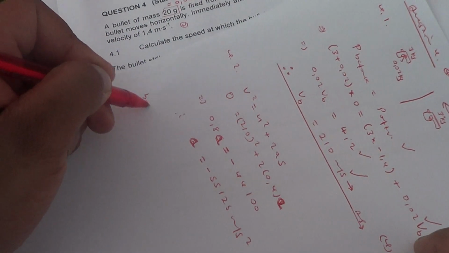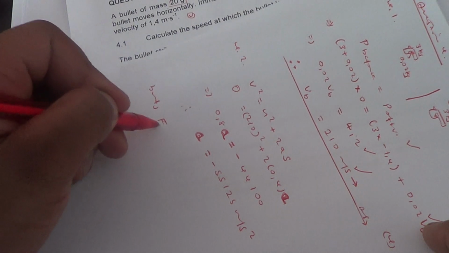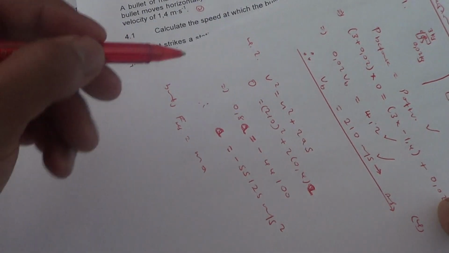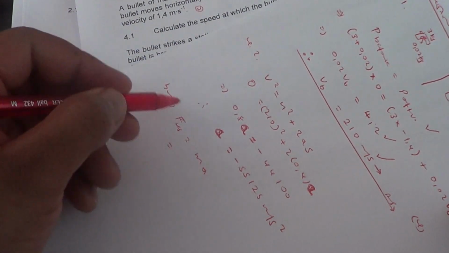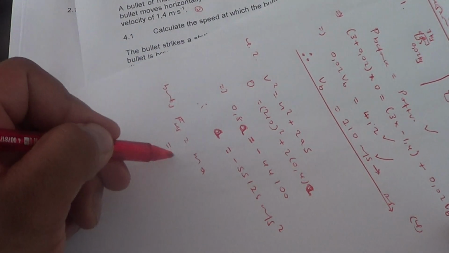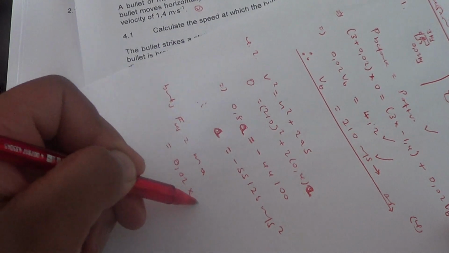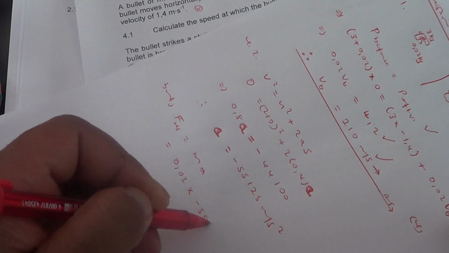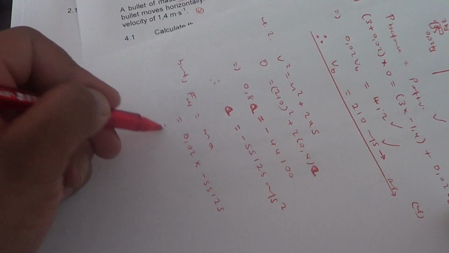We know that according to Newton's second law, the resultant force equals mass times acceleration, and this is for the bullet. The resultant force on the bullet, the force being applied by the block, is going to be the mass of the bullet, which is 0,02, multiplied by the acceleration of the bullet, which is 55,125 meters per second squared.